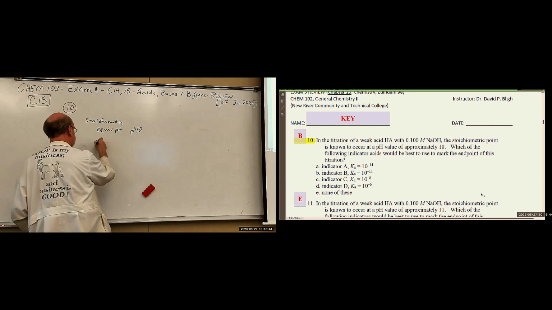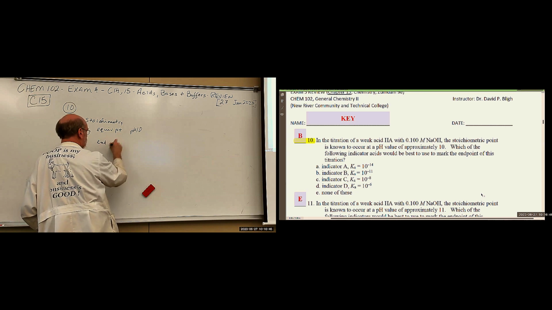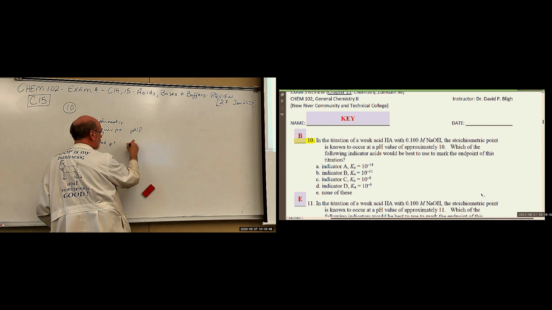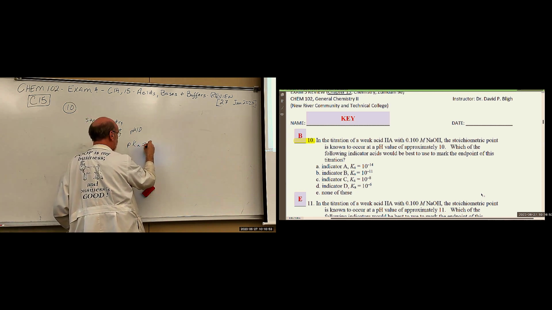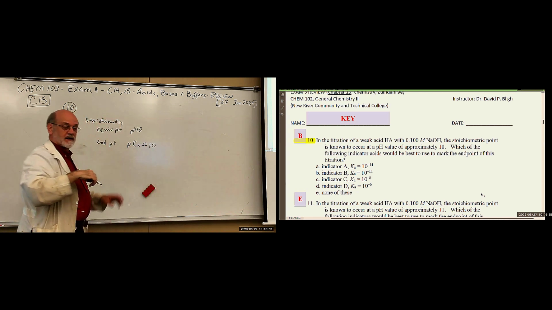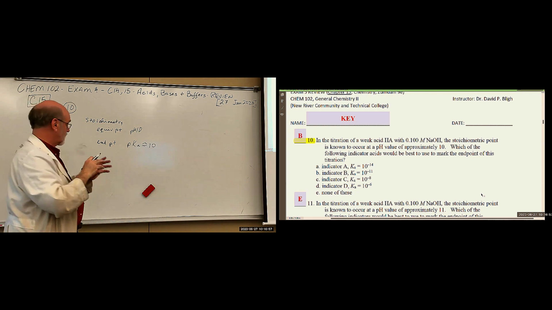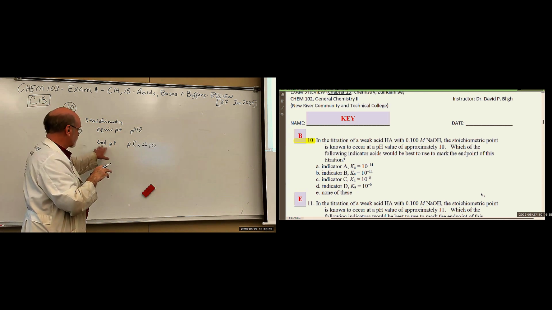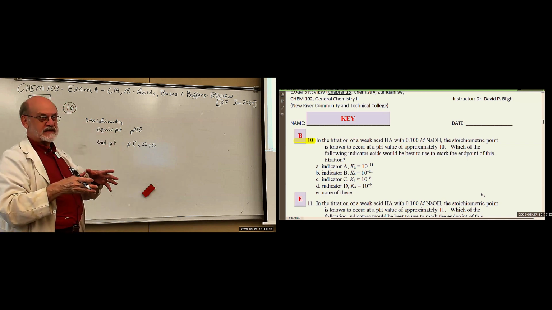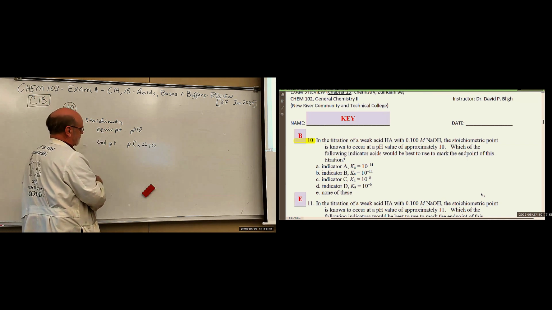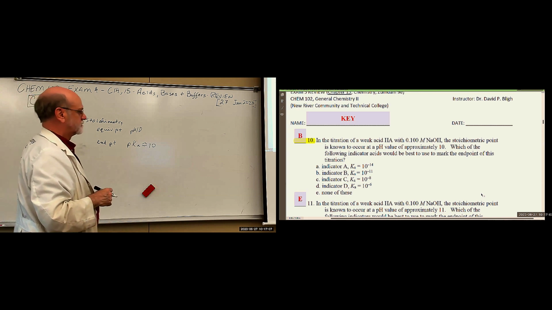So which would give us the best endpoint here? The endpoint would be for the indicator that has a pKa at approximately 10. That's where it changes from the acid form to the base form of the indicator. All right, so which one comes closest?